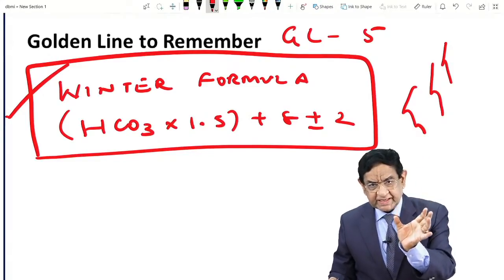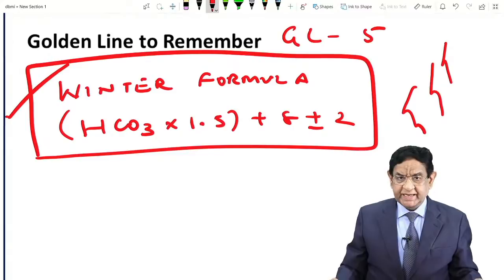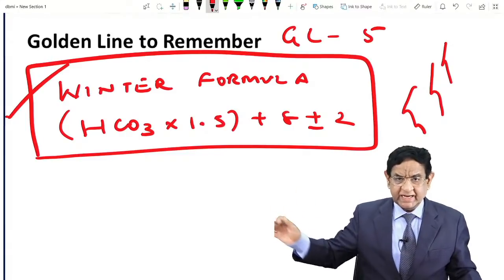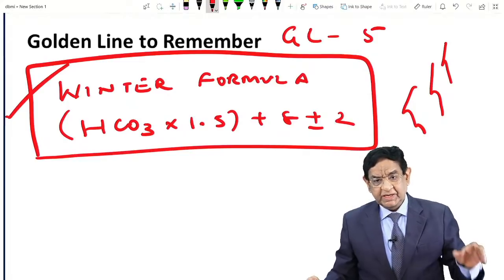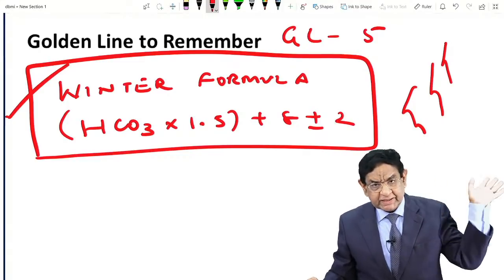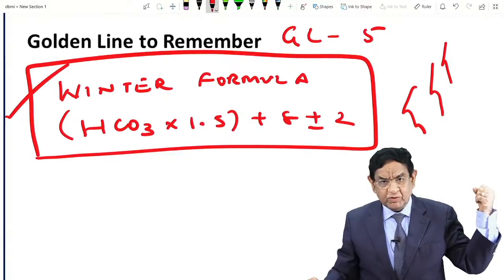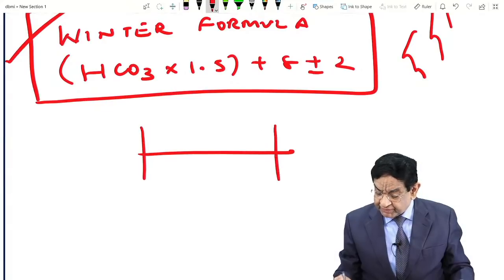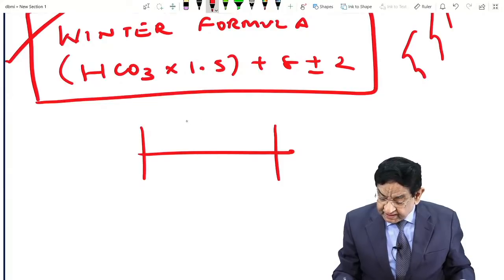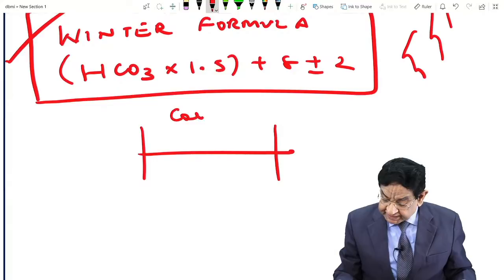If the CO2 is occurring in the range, we call it adequately compensated.